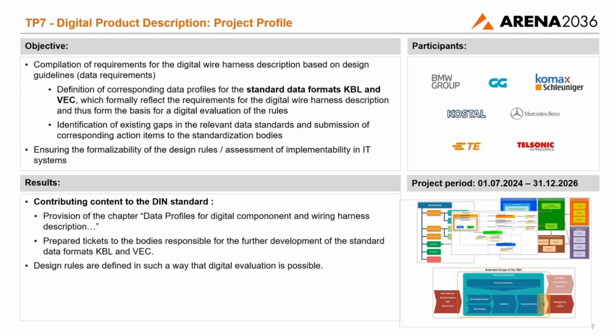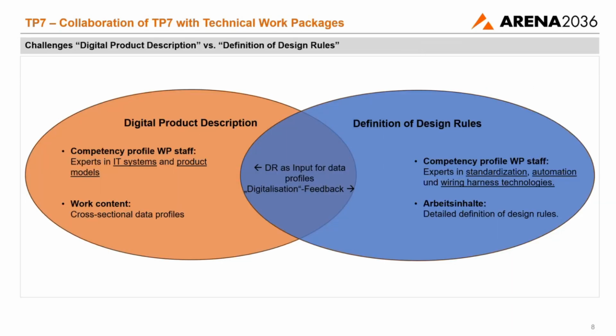How's the collaboration process between the technical work packages and the digital product description work package? You have two very different skill profiles in this setting. You have the people working in the technical work packages who have a high competency profile in things like standardization, automation technologies, wiring harness technologies, and they are thinking about what are the technical solutions.